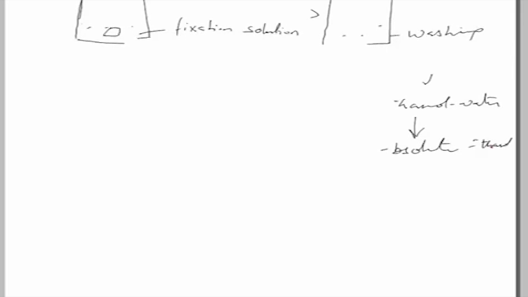Now, once you have done that, then this particular thing has to be embedded. So, for embedding there will be an embedding solution here and the tissue will be kept in the embedding solution. This could be a thick section or otherwise, and this embedding solution will be epoxy resins.